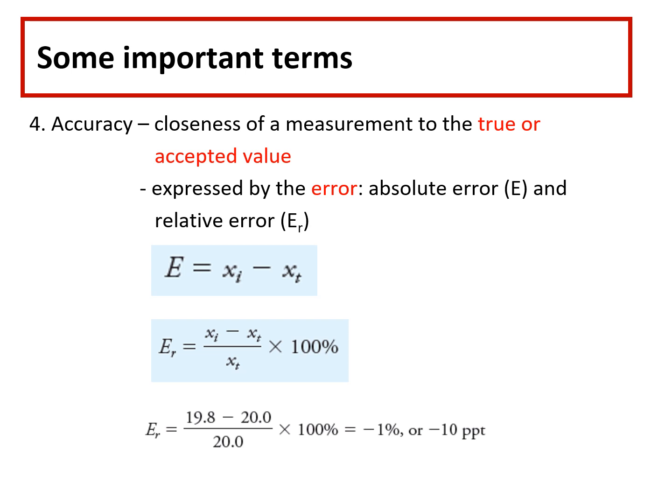On the other hand, the relative error is expressed as a percent or as ppt, or parts per thousand. If the value is negative, just like in our example, it means that the experimental result is actually smaller than the accepted value.